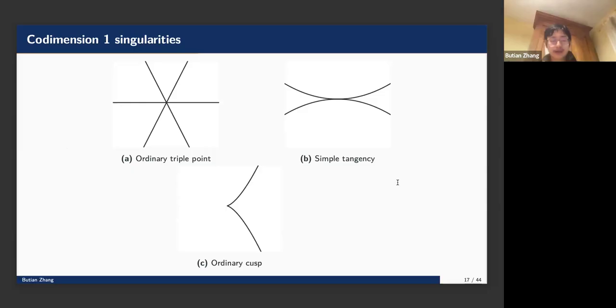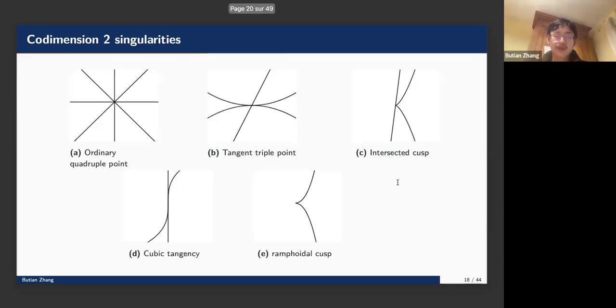The classical Reidemeister moves correspond to three kinds of singularities of codimension 1 of plane curves, which are shown here. If we want to describe path homotopic paths, we need to go one step further and study the codimension 2 singularities of plane curves.